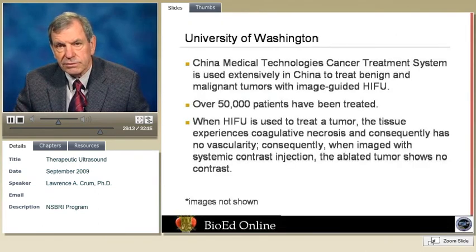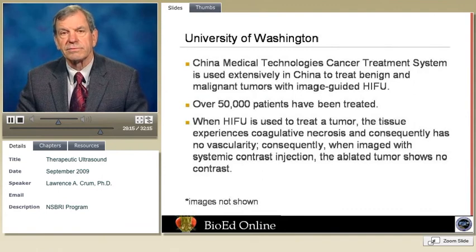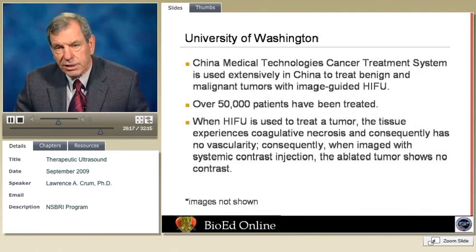In my laboratory at the University of Washington, we have China Medical Technologies Cancer Treatment System, and we're using this to apply to the Federal Drug Administration to get approval to treat patients for pancreatic cancer. It turns out that pancreatic cancer is a deadly disease. The average time between diagnosis and death is about 6 months.